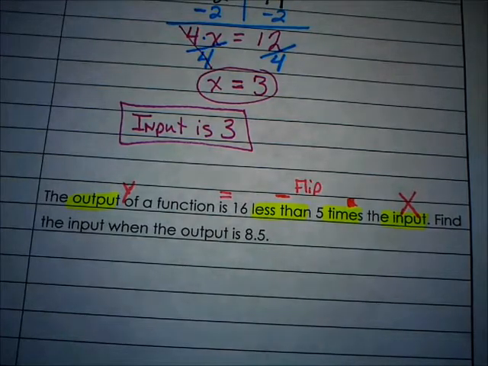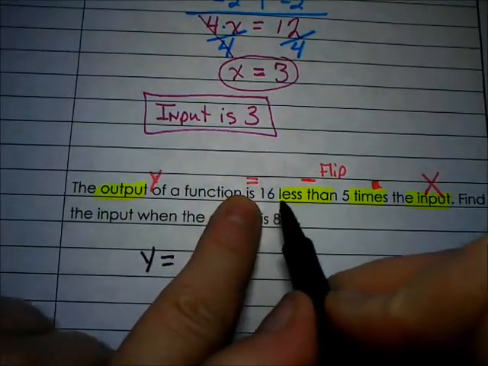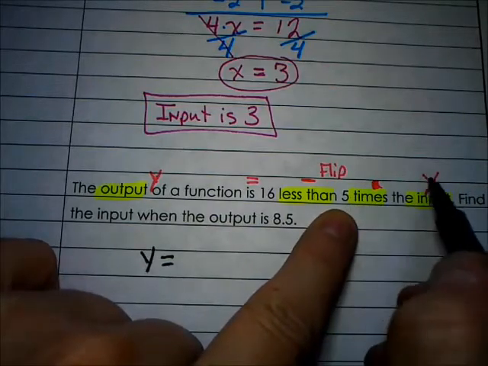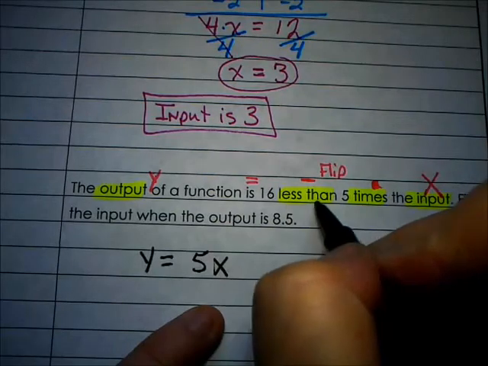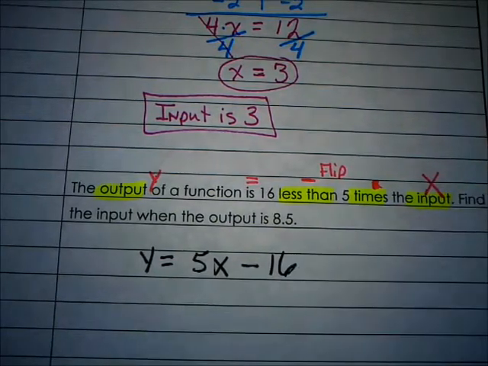So when I write this equation, what's it going to be? Y equals, and then right here, flipping means I pull out the back end first, 5 times x, which is just written 5x, less than means to subtract, and I'm subtracting 16.